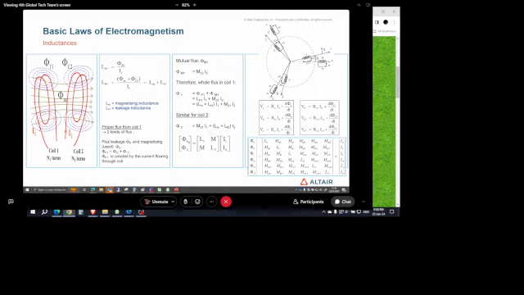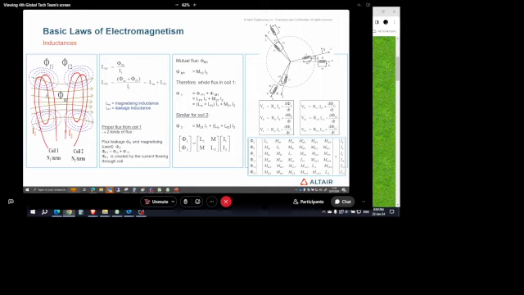So Phi1, created and seen by coil 1, is equal to its self-inductance multiplied by the current supplied to coil 1 plus the mutual inductance multiplied by the current going through coil 2. The magnetic flux on coil 2, created and seen by coil 2, is equal to the mutual inductance multiplied by the current supplied to coil 1 plus the self-inductance of coil 2 multiplied by the current going through coil 2.